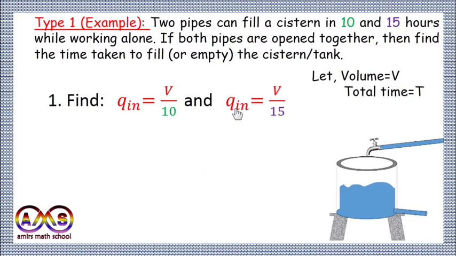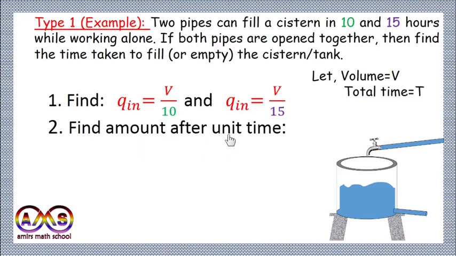And Q in for the second pipe is V by 15, since the second pipe needs 15 hours to fill the tank.